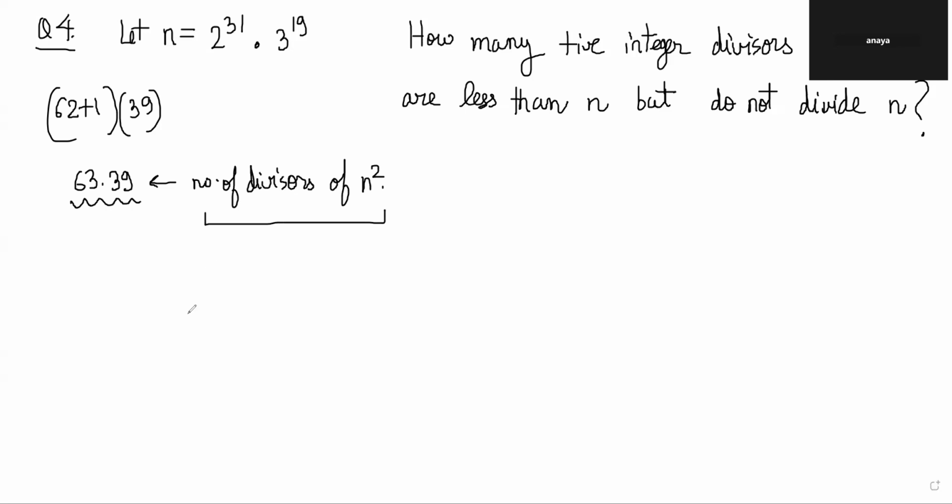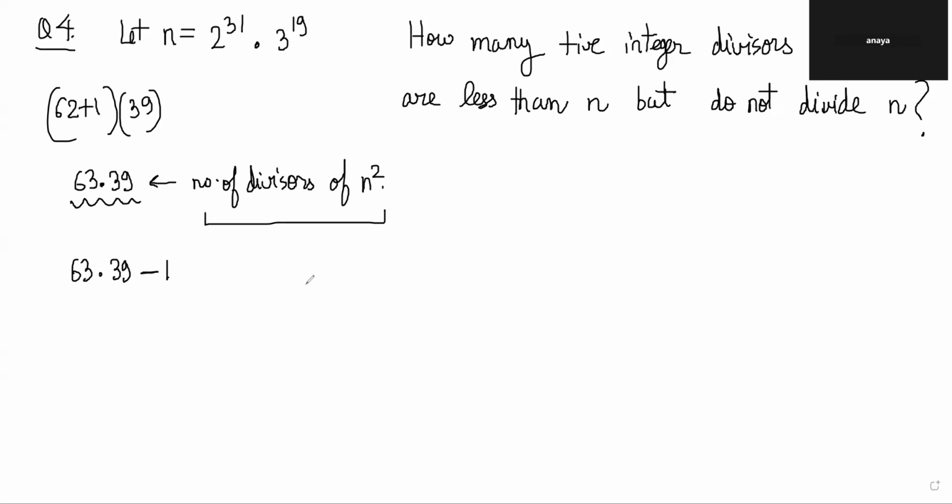Okay, so I did 63 times 39, but then I subtracted 1 from it because one of those is n.